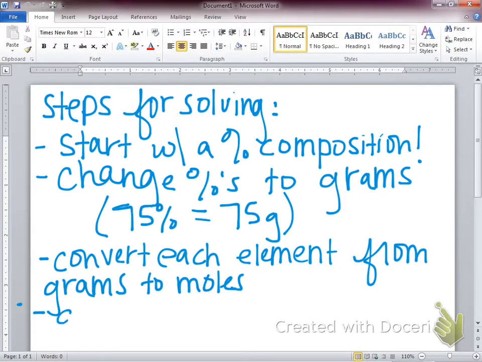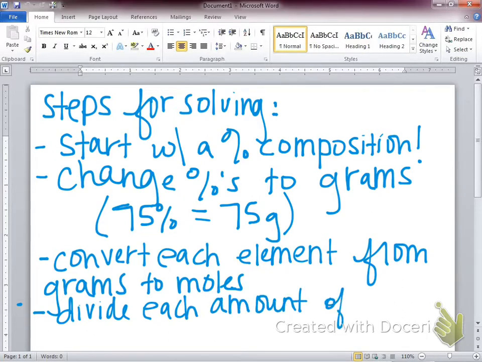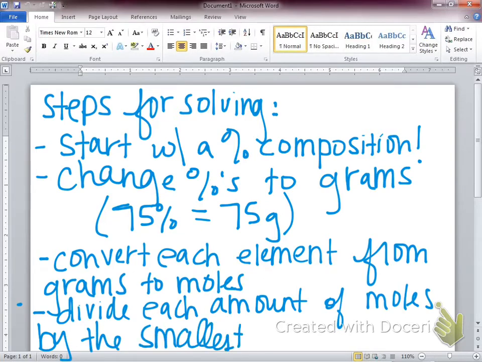Next, we'll divide each amount of moles by the smallest. I'll put in there smallest amount of moles, just as a reminder. Divide each amount of moles by the smallest amount of moles you had out of all of those elements.